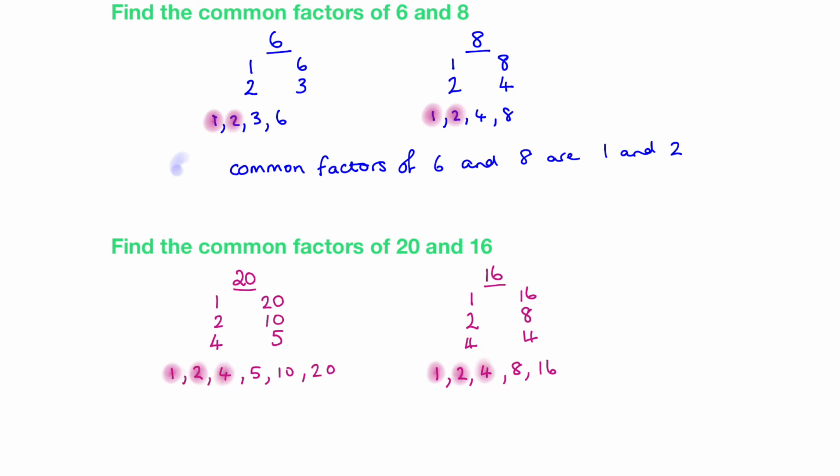And that's it, isn't it? Because 5, 10 and 20 are not in this list. And 8 and 16 are not in that list. So the common factors of 20 and 16 are 1, 2 and 4.